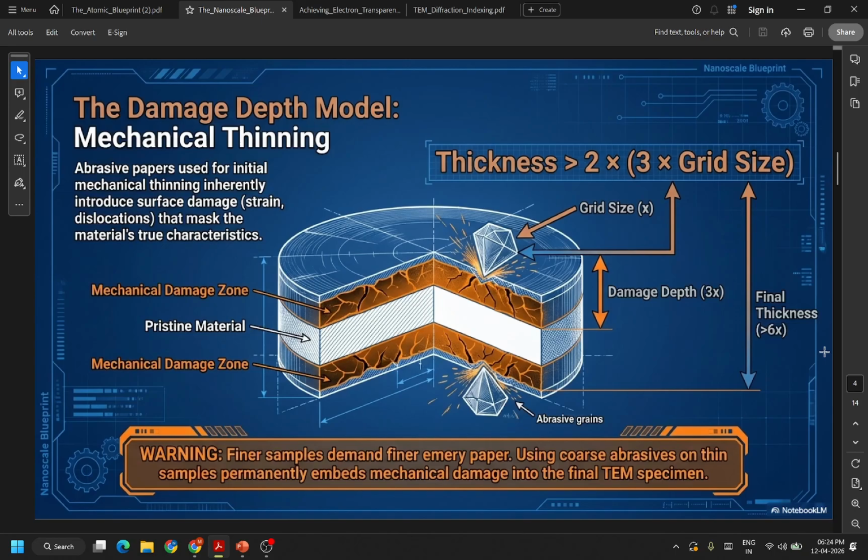The thickness has to be around 6 times the damage depth, because the damage depth is itself three times, so that should leave the pristine material of about 3 times. So finer samples demand finer emery paper. Using coarse abrasives on thin samples permanently embeds mechanical damage into the fine TEM specimen.